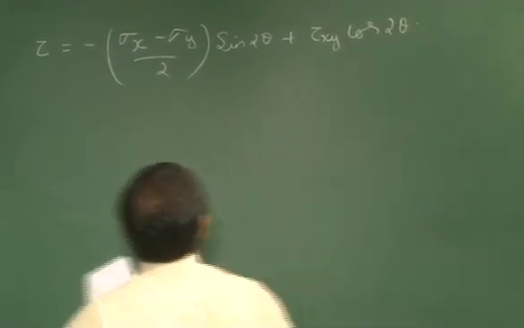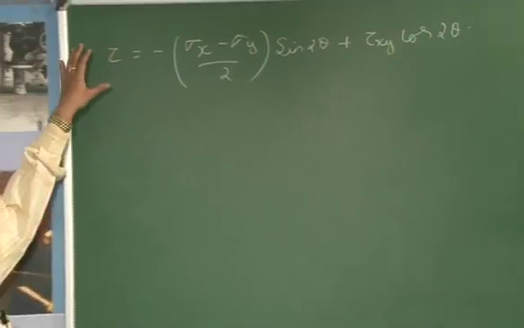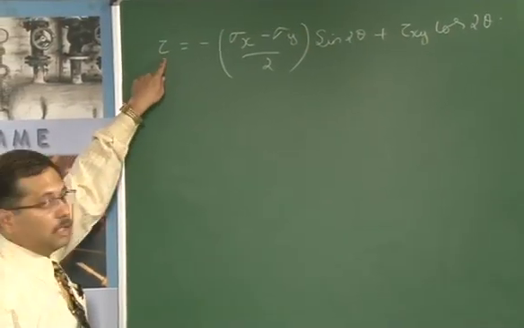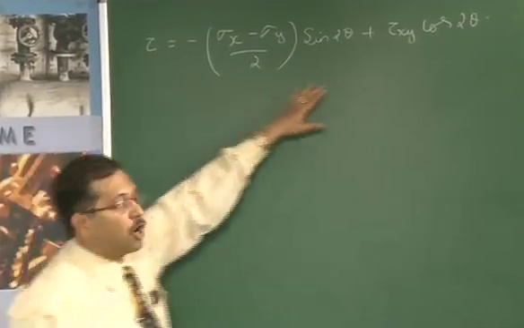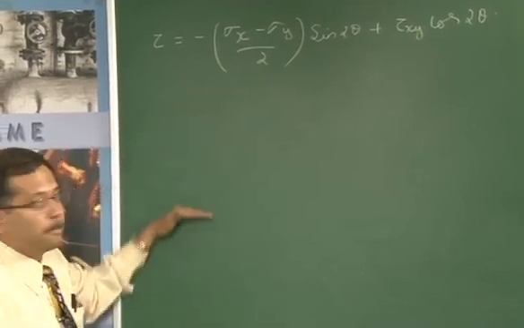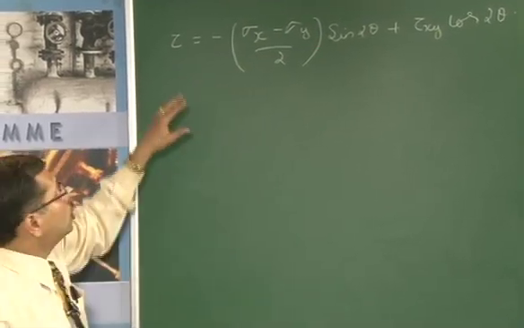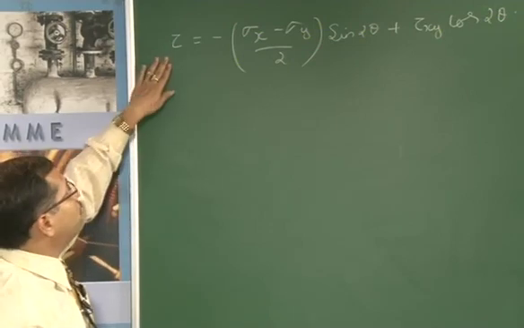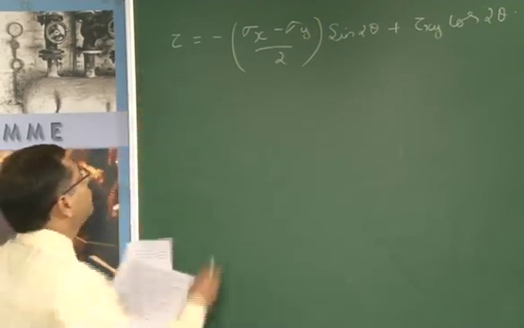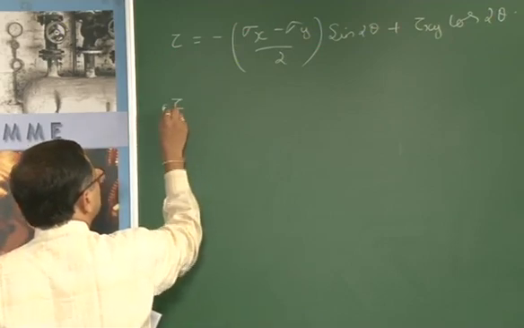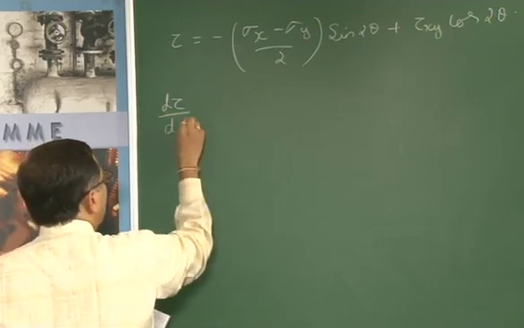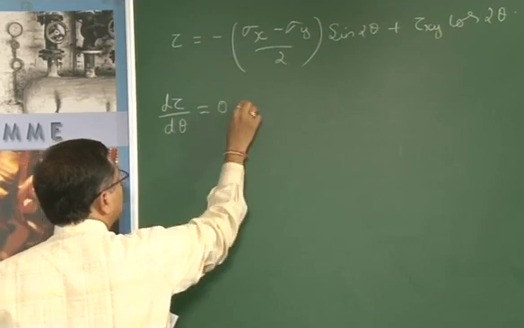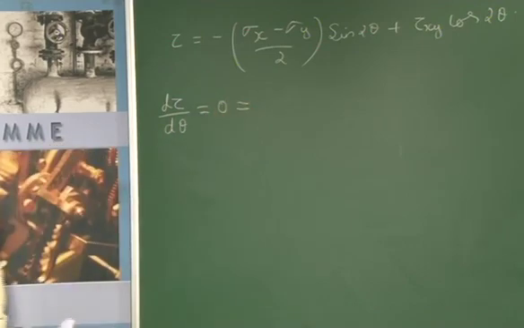Now to get the principal plane, we have equated this to 0 and we have got the value for the principal planes. Now to get the plane where we will have the maximum shearing stress, I have to differentiate this with respect to theta and equate that to 0 to get the maximum value. So when I do that, this is what I am going to get.